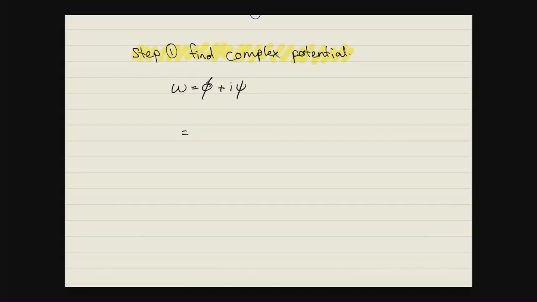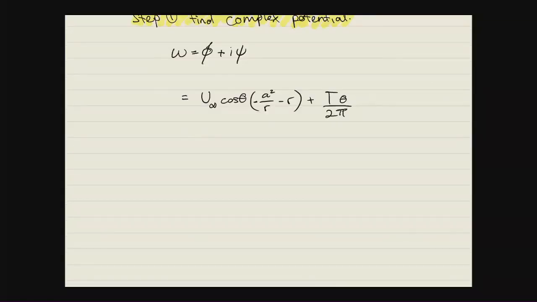Okay, and I'm just going to substitute what phi and psi are given in the exam question, which is U infinity cos theta times minus A squared over R minus R, plus gamma theta over 2 pi, plus i U infinity sine theta times A squared over R minus gamma over 2 pi ln R over A.